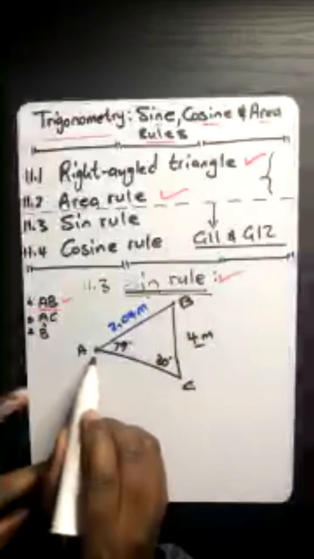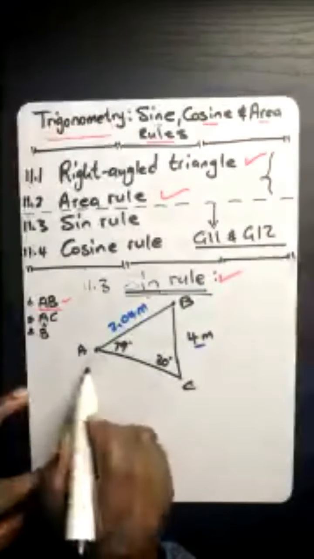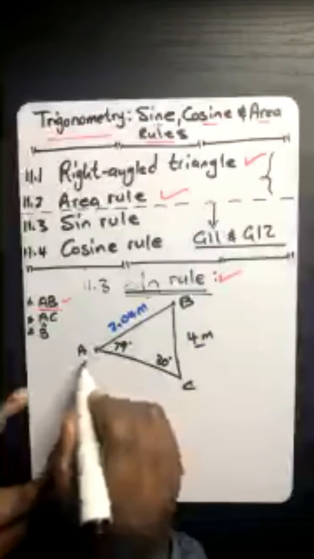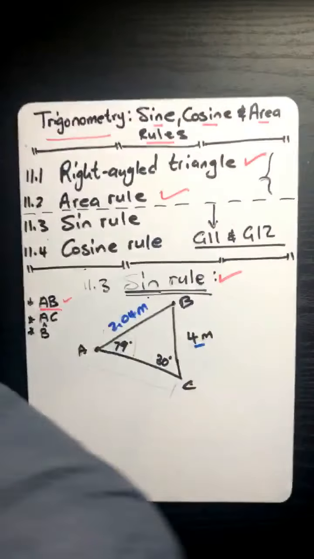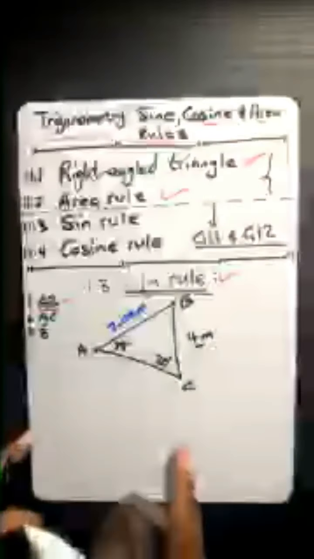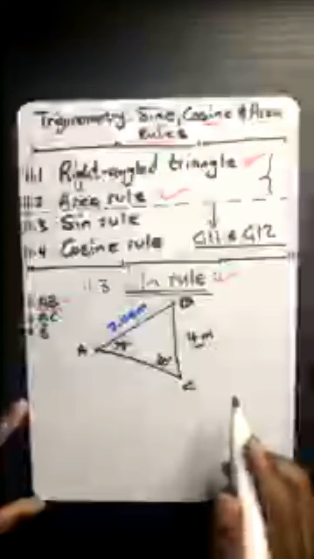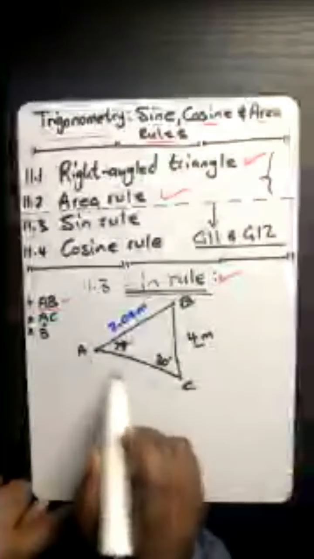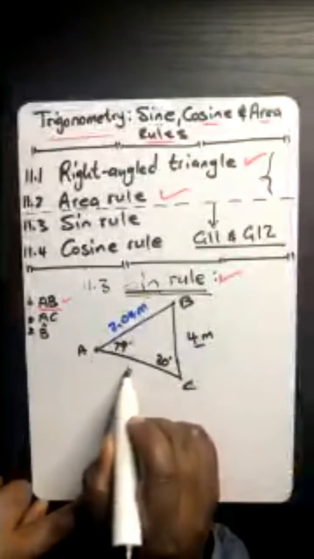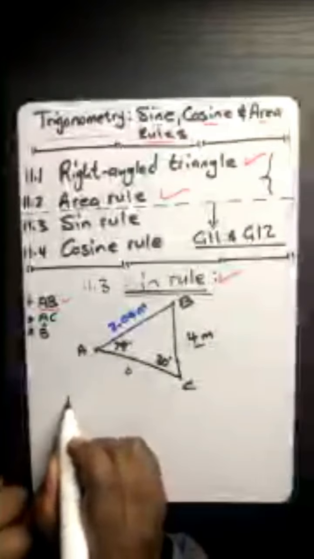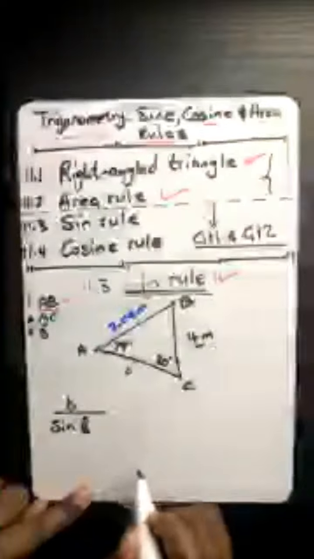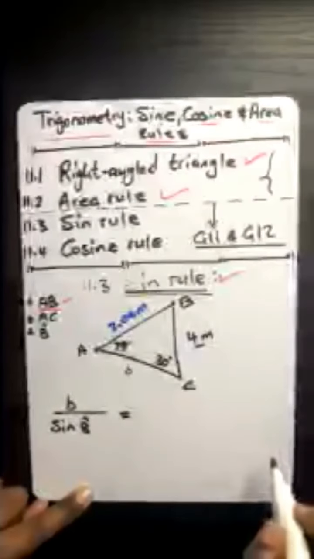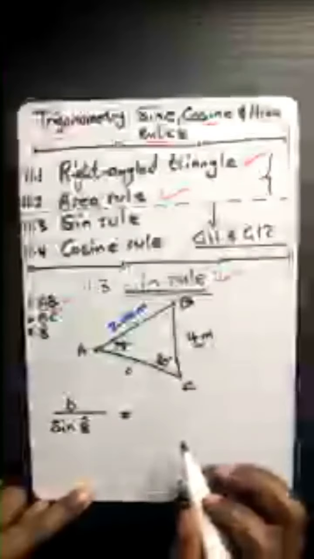I'll explain. Remember, guys, if they want you to calculate that side, then formulate based on that side. And also, because it is the side, you can write small letter b there. That means the formula is going to be small b over sine of angle B, equals to, use one side and one known angle.